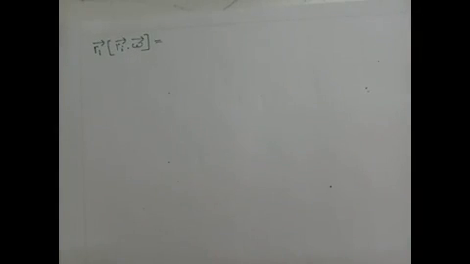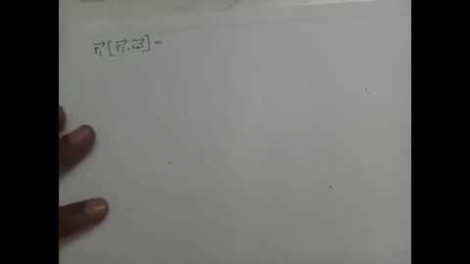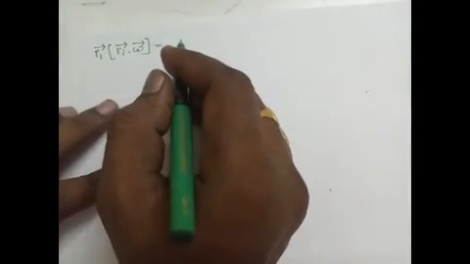We have to find out this value. We got omega bar into ri bar dot ri bar. Now we have to find out the second term from equation 3, so ri bar into ri bar dot omega bar.